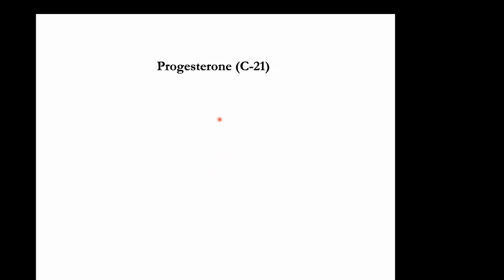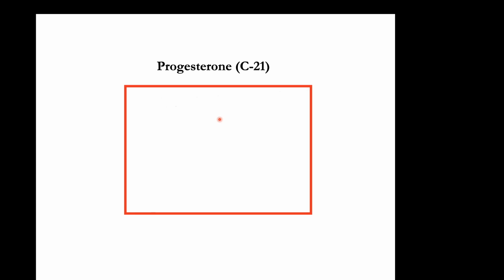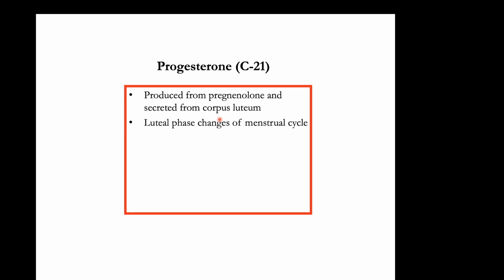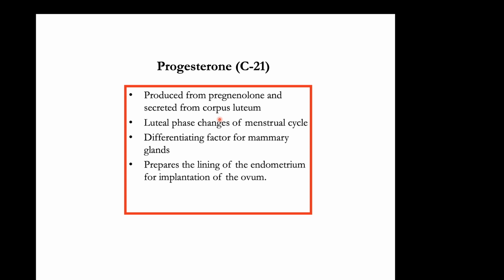Now the progesterone. Progesterone also has 21 carbons in its structure, and it is mainly produced, as we have discussed, in the corpus luteum. It is responsible for the luteal phase of the menstrual cycle, and it also acts as a differentiating factor for the mammary gland among females.